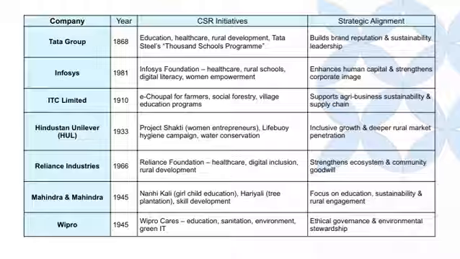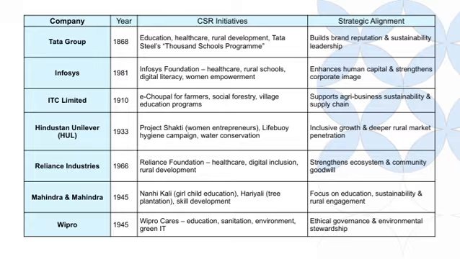Hindustan Unilever, or HUL, started in 1933. Their projects include Project Shakti, which empowers women entrepreneurs, and campaigns like Lifebuoy hygiene promotion and water conservation. These initiatives promote inclusive growth and enable deeper market penetration in rural areas, aligning social impact with business expansion.